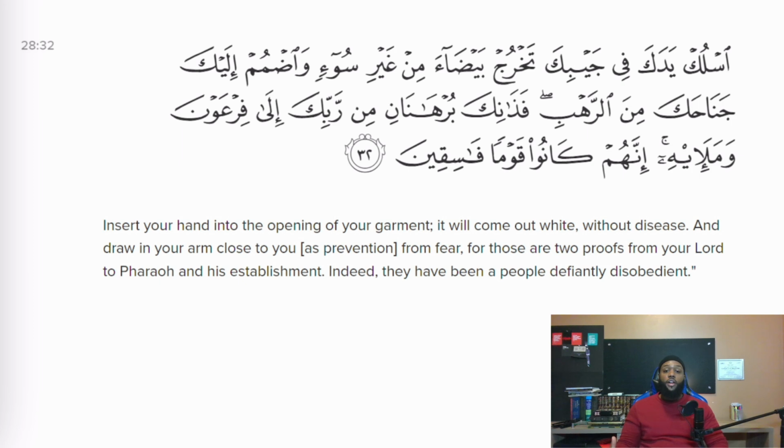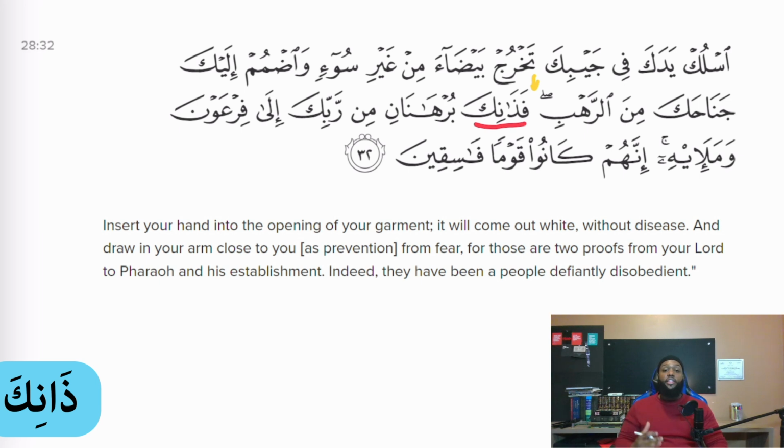And then we move on to dhanika, those in the dual masculine form, right? Again, indicating distance. And we see here in this ayah, فَذَانِكَ burhani, and burhan are proofs, evidence. Those are two proofs. مِن رَبِّكَ, right? From your Lord. إِلَى فِرْعَوْنَ وَمَلَئِهِ, to Fir'aun and his council. So just like هَذَانِ or hatani, only in the dual form do they change when they're in the state of nasb or jar, right?